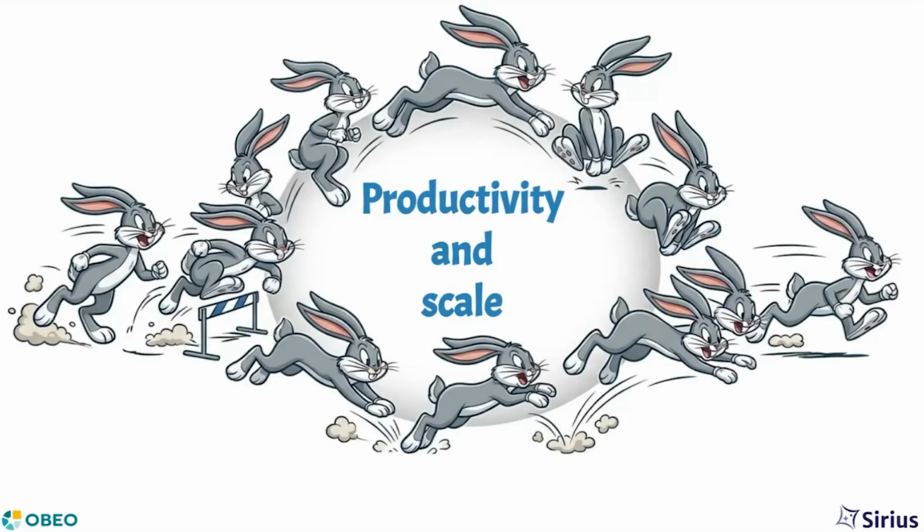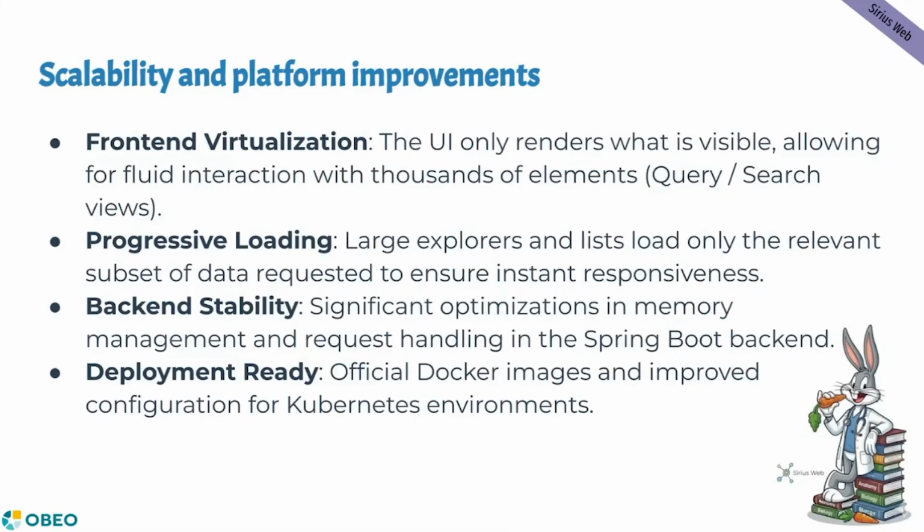And finally, all of this also has to work at scale. Beyond individual features, Sirius Web has continued to progress as a platform that can support larger models, larger teams, and more demanding usage conditions. Several improvements were introduced to make Sirius Web more robust and more responsive in large environments. On the front-end side, virtualization means the UI only renders what is actually visible, which keeps interactions fluid even with thousands of elements, especially in query and search views.